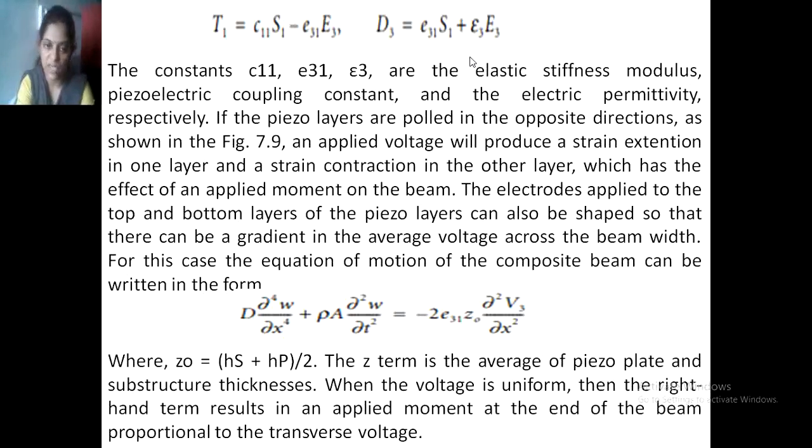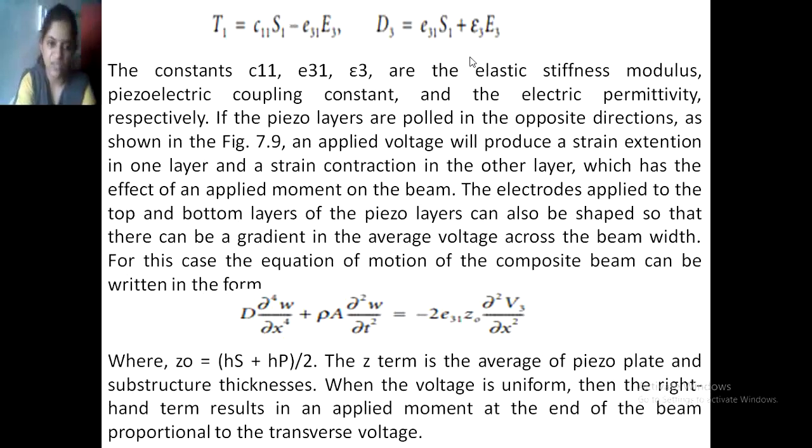So for this case, the equation of motion of the composite beam can be written in the form of D times the fourth derivative of w with respect to x, plus C into A times the second derivative of w with respect to time, is equal to minus 2 e31 Z0 times the second derivative with respect to x of E3.